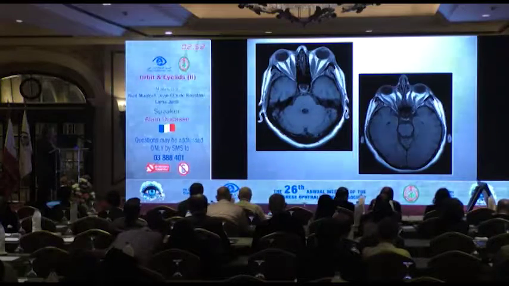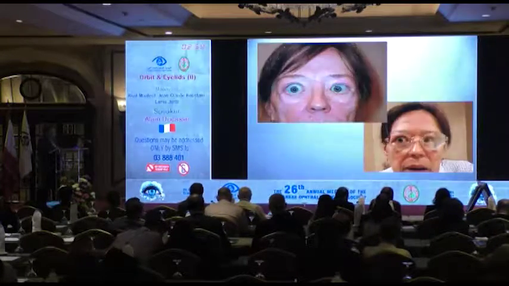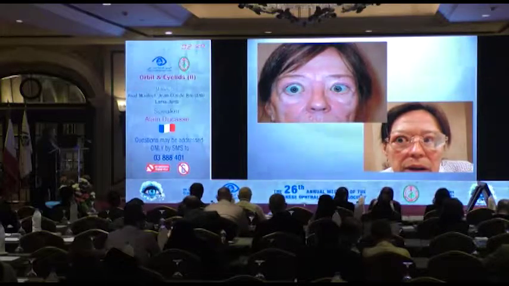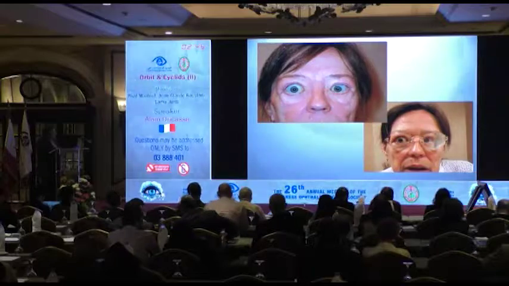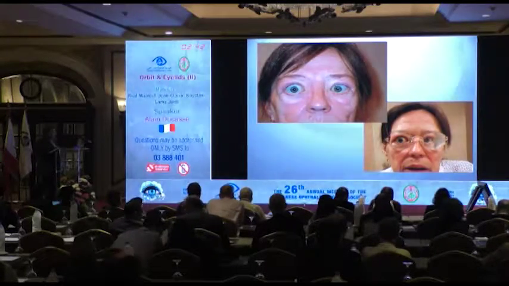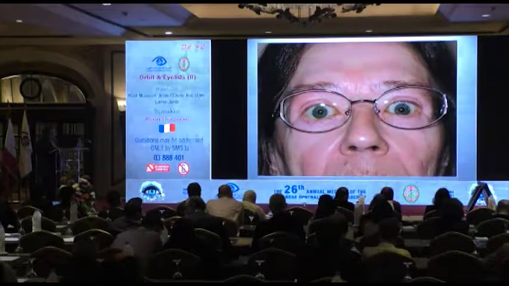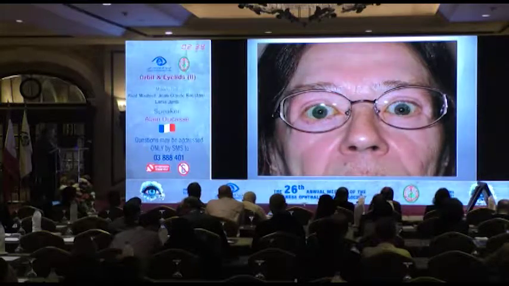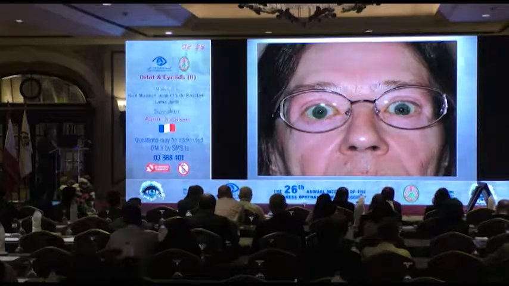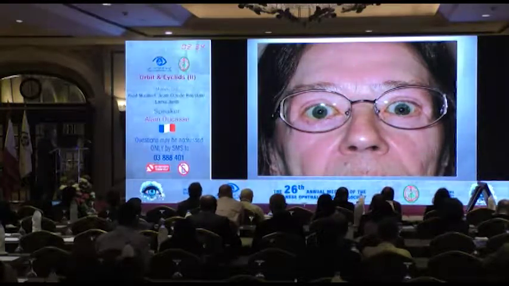The medial rectus are in the nose. You can see a patient just after the surgery with esotropia, and after a surgical strabismus surgery, the result is relatively good.